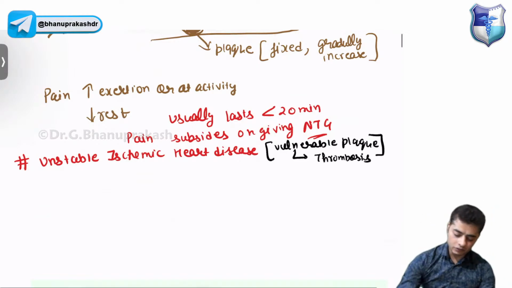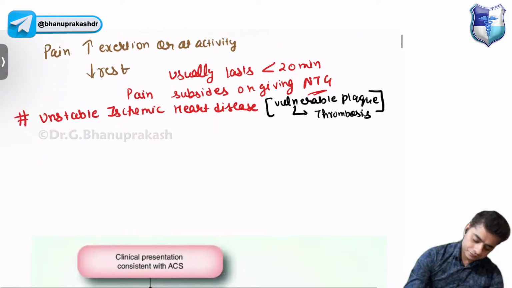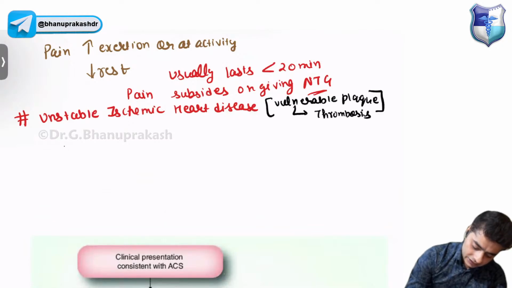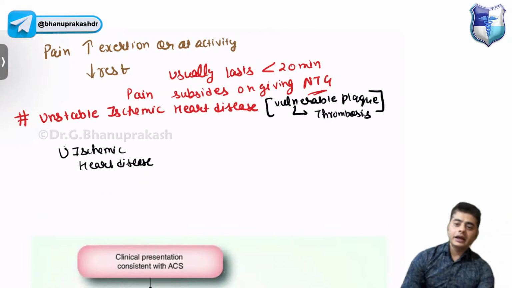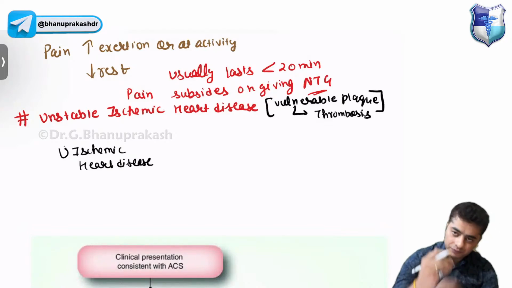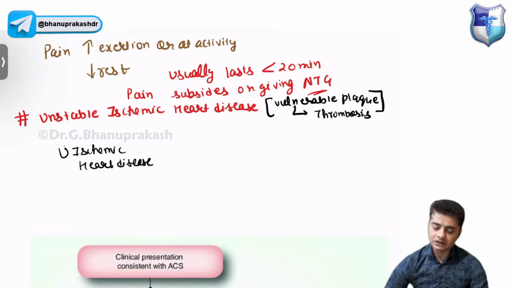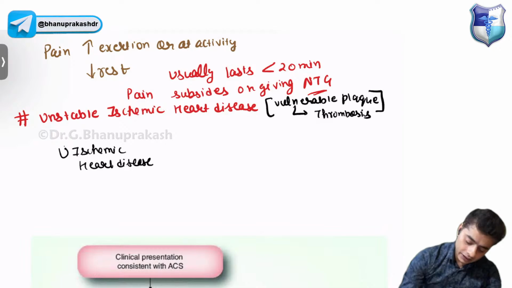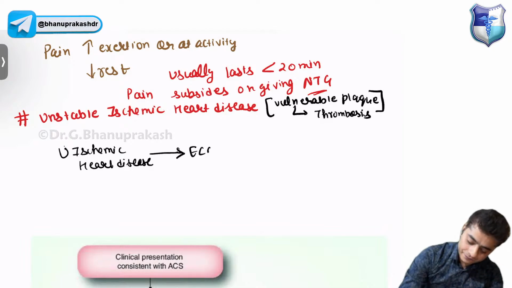Now, unstable ischemic heart disease can be divided into two things. First, if a patient comes with unstable ischemic heart disease due to vulnerable plaque, you have done an ECG.